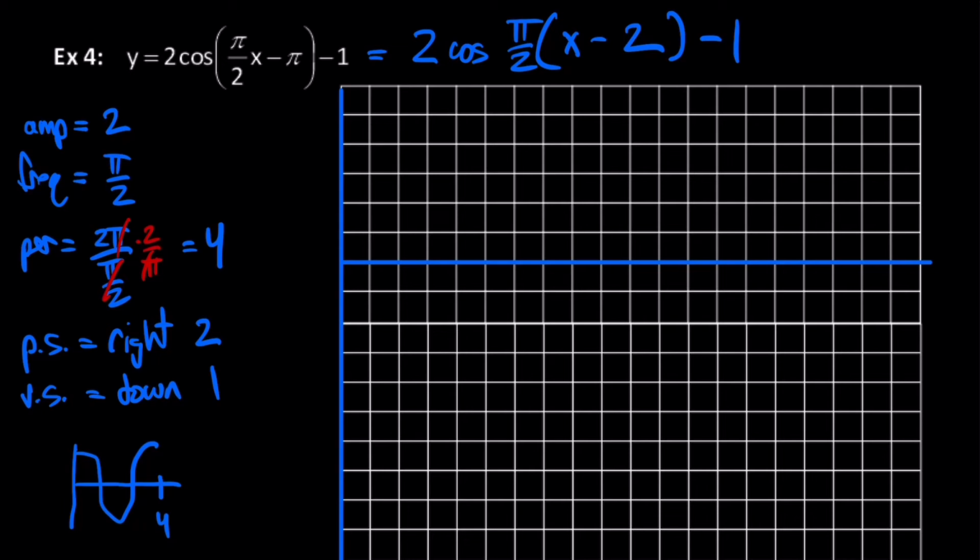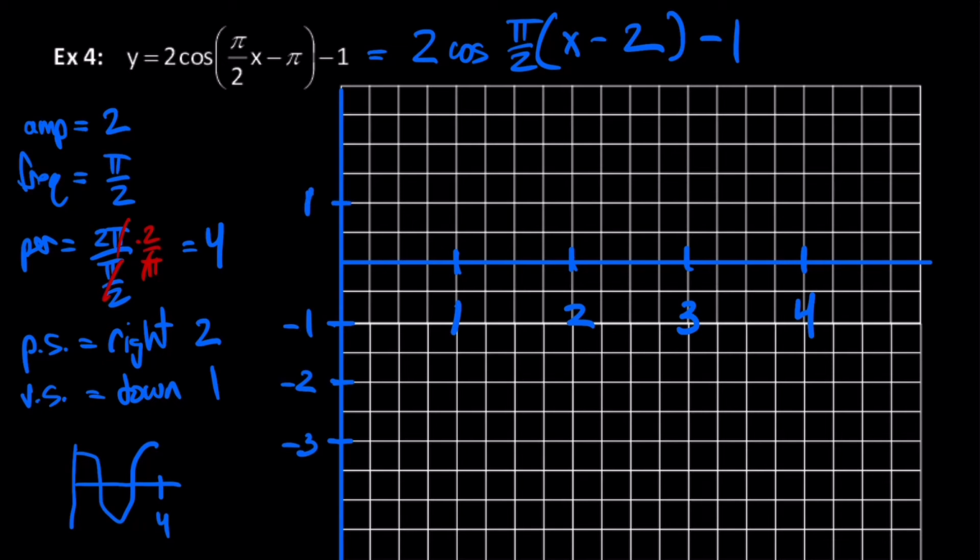Sorry. So go 4 blocks. 1, 2, 3, 4. Make that 4. So obviously 2 there, 1 there, 3 there. That's easy. Amplitude is only 2, and we're only going down 1. So maybe I'll do this. -1, -2, -3, and let's go up to +1.